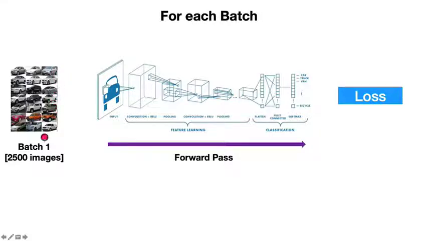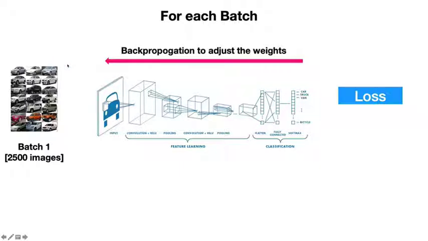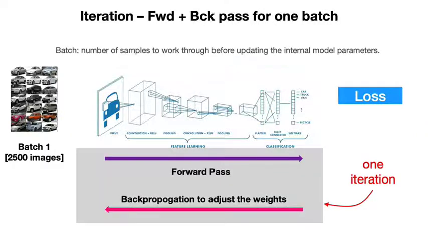Instead, I look at the entire batch, I pass all of them, and then I get a loss for the entire batch. Then I will do one iteration of back propagation to adjust the weights for this batch, which contains many, many samples, 2,500 to be precise. This forward and backward pass on one batch is what is called an iteration.